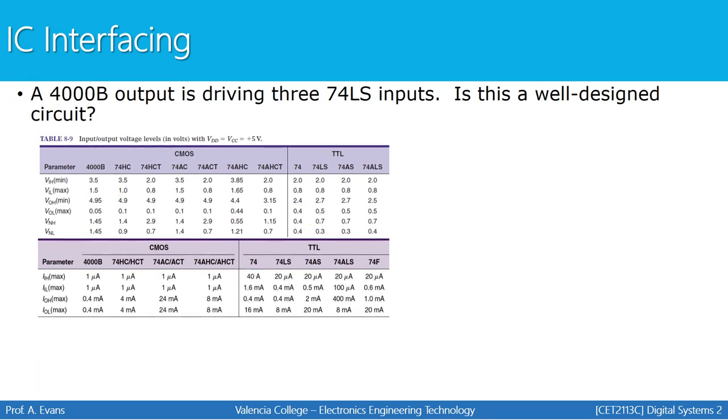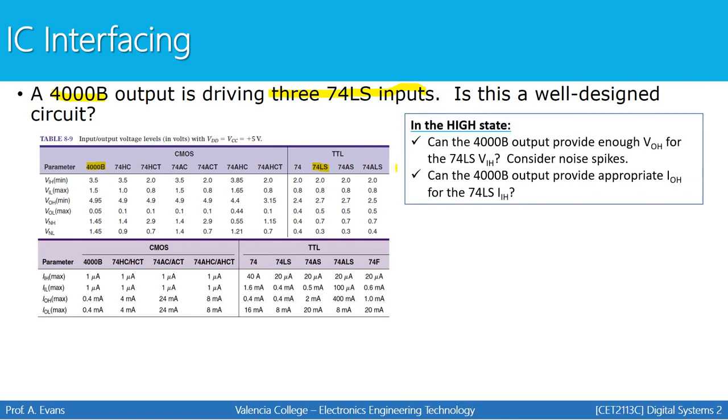Let's do another example similar to the one that we've done before. Now we have a 4000B output that is driving 3 74LS inputs. So we have 3. And our part number now is the 4000B, which is the CMOS. That's the driver. And the load is the 74LS. We have 3 74LS inputs. Is this a well-designed circuit?